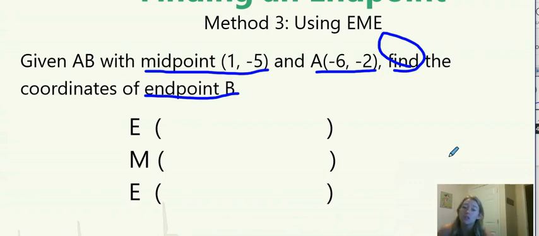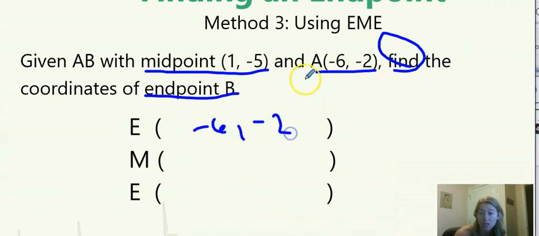The way you're going to do this is you're going to stack the endpoint that you're given on top. So we know that (-6, -2) was our endpoint because it was labeled as point A. Our midpoint was labeled midpoint, or it would be labeled with an uppercase M, as (1, -5).